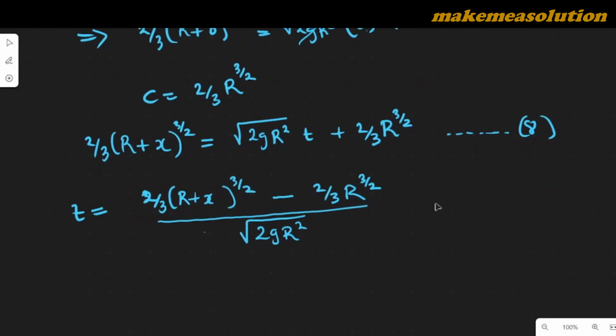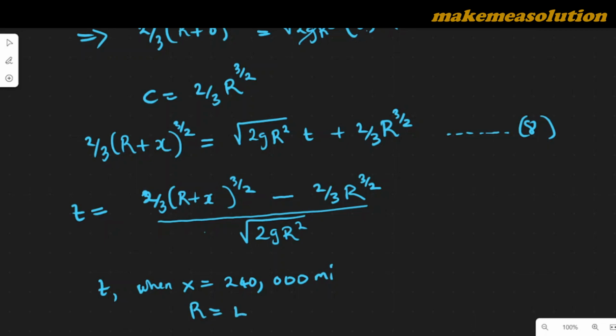Is that okay? So this is the expression for t in terms of x, and we have to determine t when x is 240,000 miles, and they said we should assume that r is what? R is what?